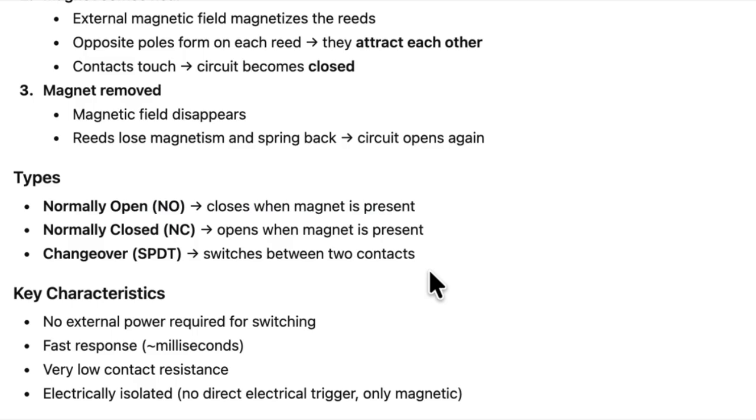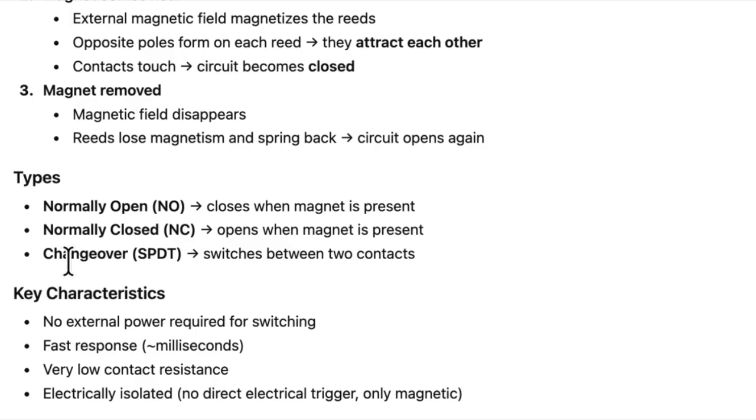Again, the second one is the normal close. The same thing applies when it comes to closure, and there should be no external poles available inside the inert gas tube. And the third one is basically latching.